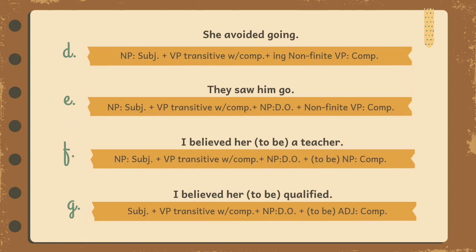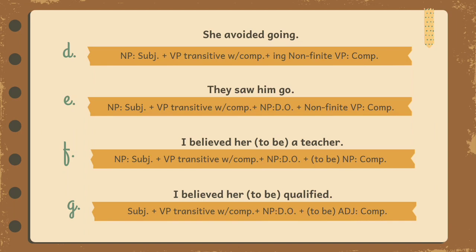Noun phrase as a subject, verb phrase transitive with complement, and ing non-finite verb phrase as a complement. In this case, we do not have a direct object. E. "They saw him go." Noun phrase as a subject, verb phrase transitive with complement, noun phrase as a direct object, and a non-finite verb phrase as a complement.